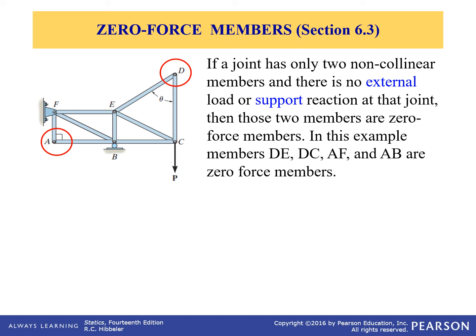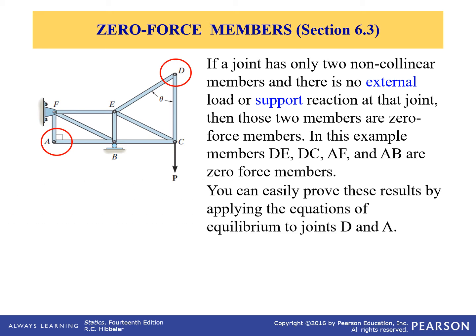Again, you can always turn your axes. So if you put your x-axis on CD, you notice that CD is completely on the x-axis, and guess what? ED has an x component and a y component. Because it has that y component, those have to be zero force members, or the system wouldn't be in equilibrium.